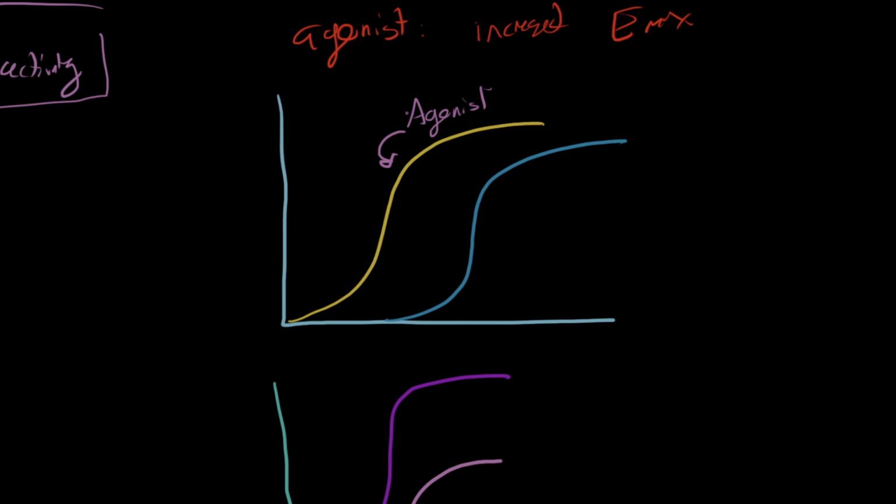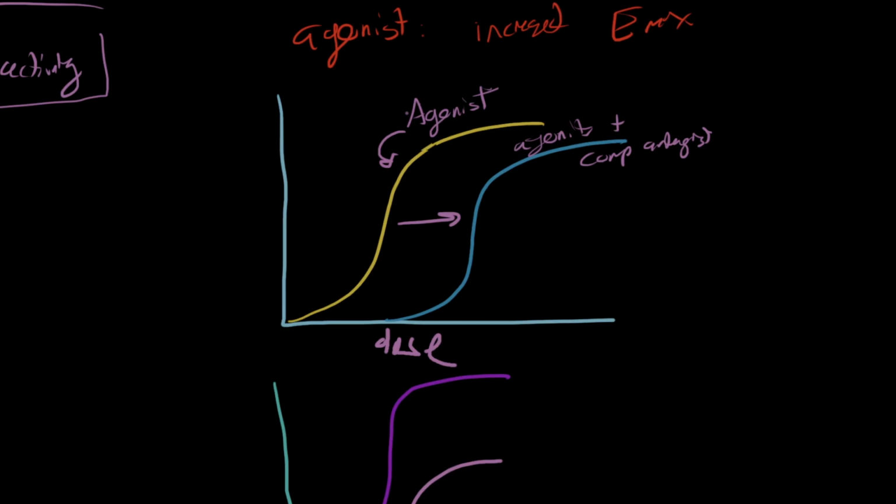If you add a competitive antagonist to this normal agonist, you'd shift how much you need. Agonist plus competitive antagonist, you'd shift the graph to the right.